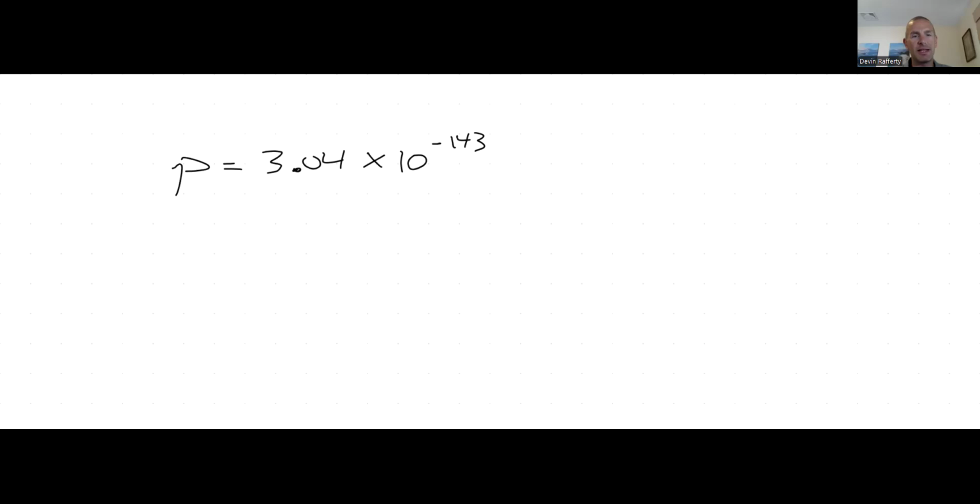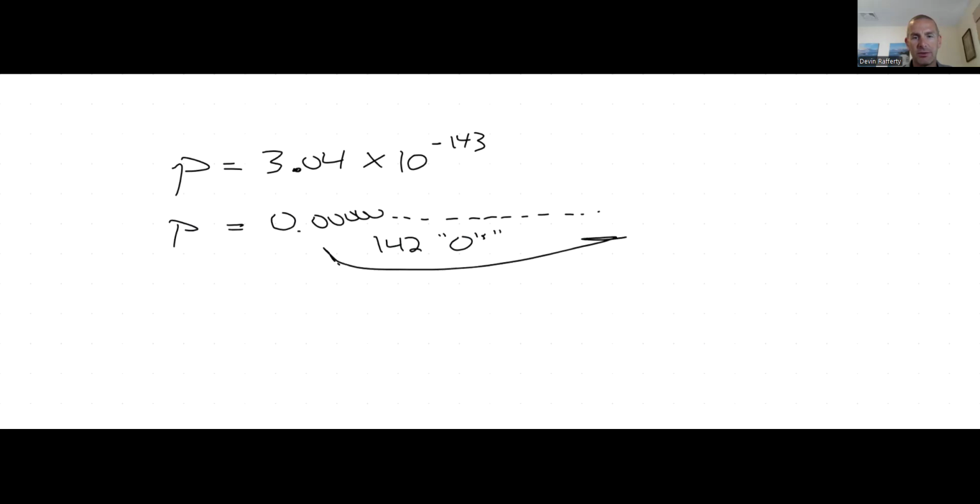When you see something like this, as I mentioned, you've already done this in grade school, but in case you forgot, it means that P is equal to 0.00000, and it keeps on going for 142 zeros, then 304. So we could just keep filling this in: 0.0000000000304.